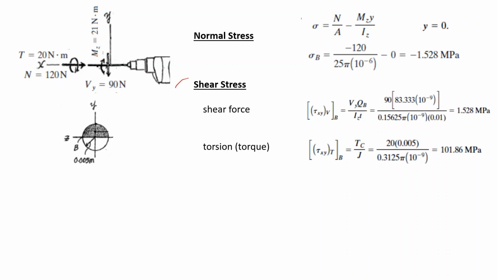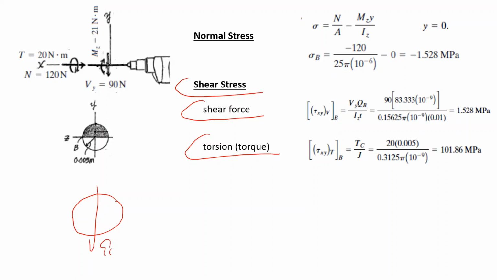Next, shear stresses. They may be caused due to shear forces and due to torsion. So let's start with the shear forces. I have a shear force over here, and as you see, the shear force is 90 newtons. My point B is over here.